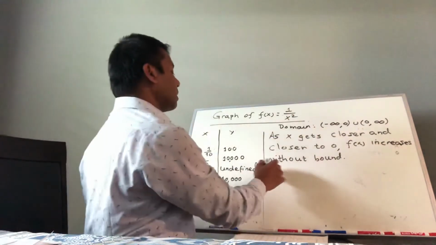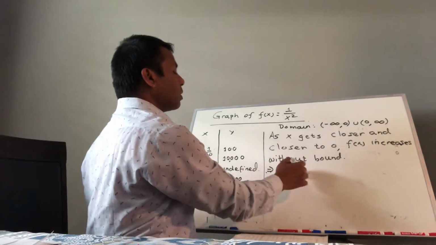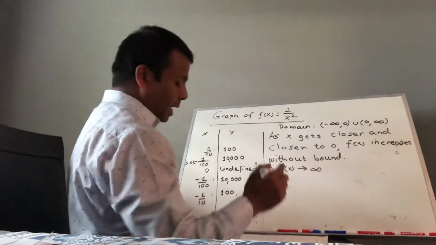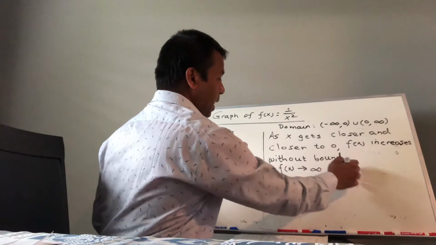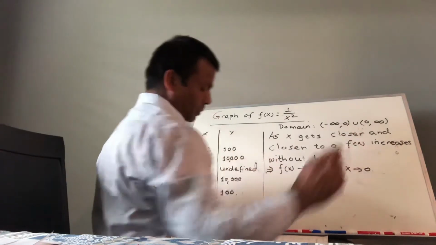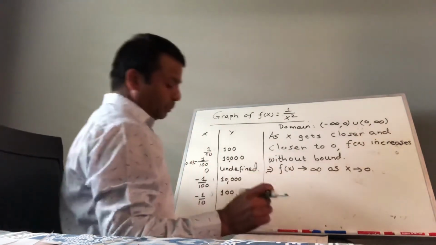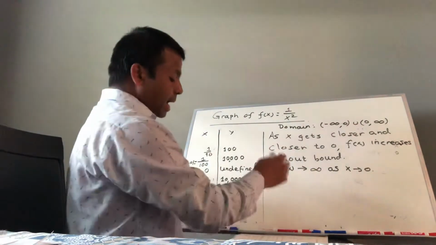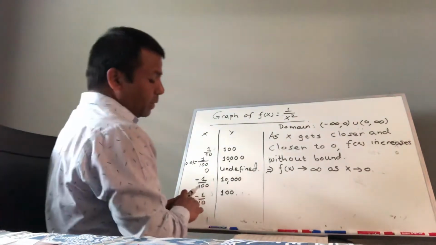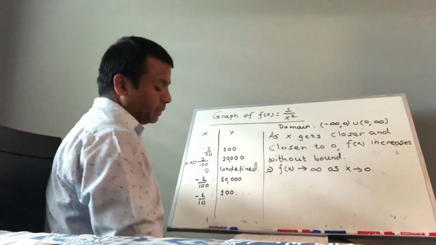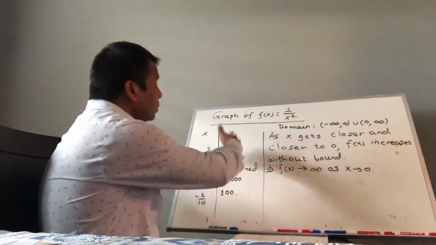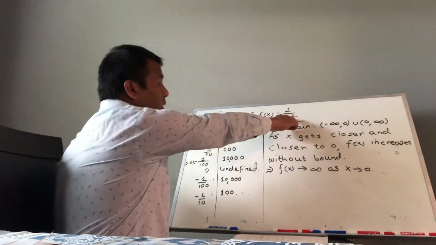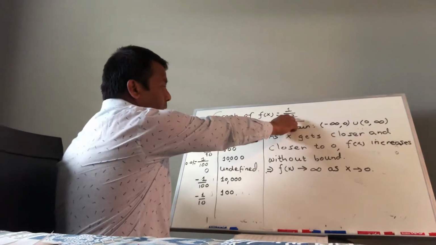That means f(x) approaches infinity as x approaches 0. And you also notice that as x approaches 0 from either side, the functional values are all positive. These values are all positive because we have a square here, right?